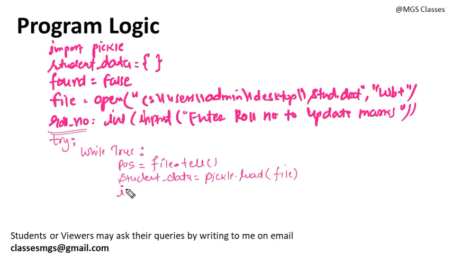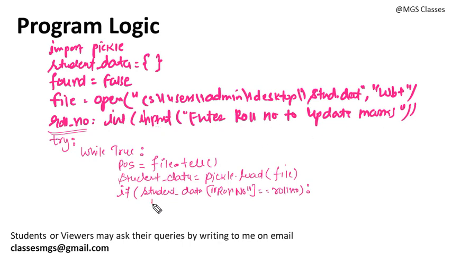Then if student underscore data, you will know the roll number. This key should be very similar to the key that you used at the time of storing: student roll number equals the roll number that the user has entered. If both are equal, then we can ask for the marks to update.